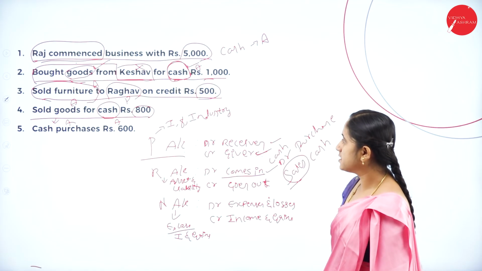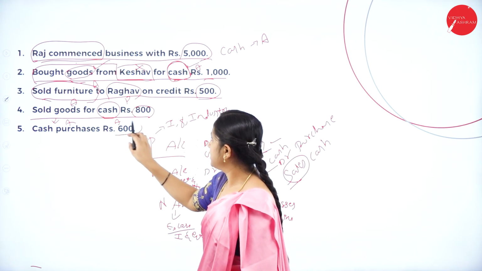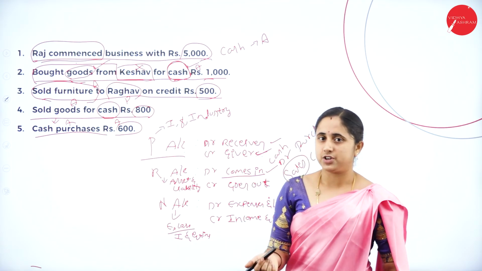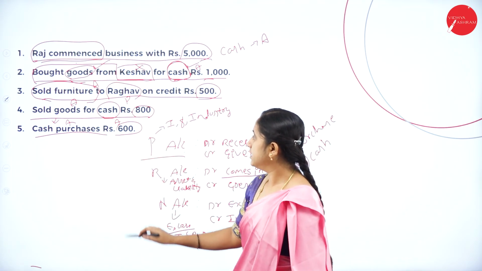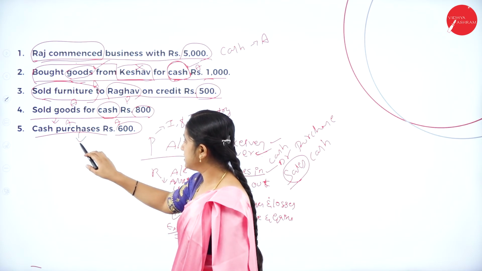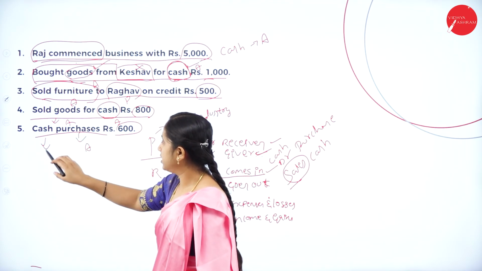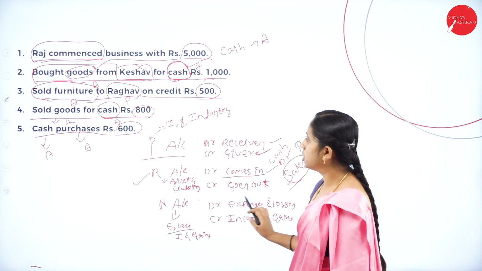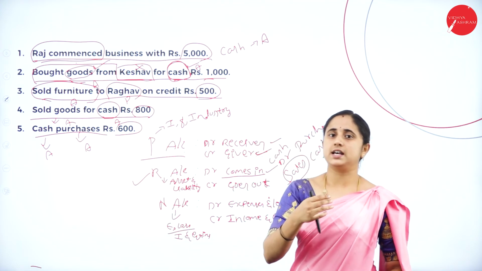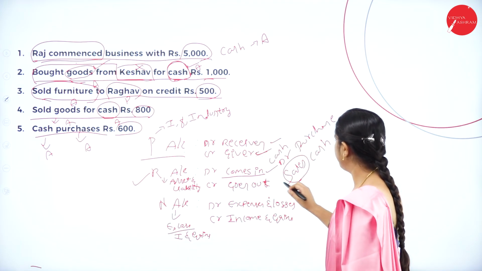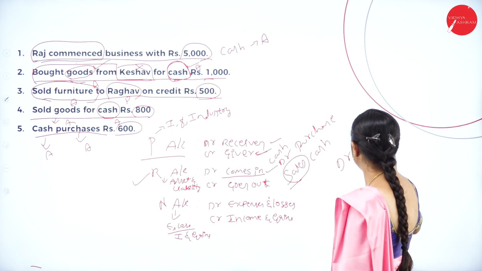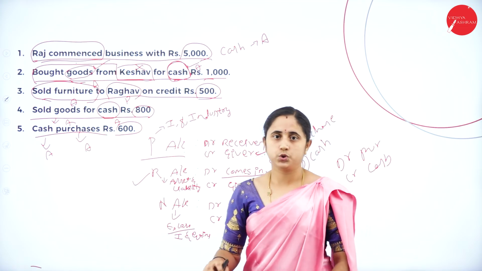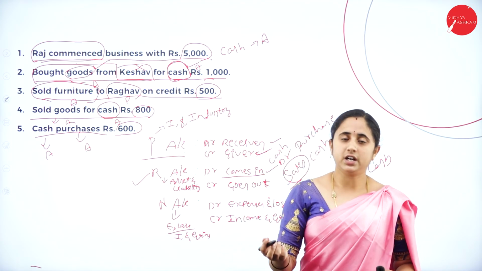And the last one, cash purchase of rupees 600. Here you made a purchase for cash of rupees 600. Here the purchase of goods is an asset. Cash is also an asset. Just apply the real account rule. Debit what comes in, credit what goes out. When you make a purchase, the asset is coming in, so you need to debit the purchase, credit the cash. Cash is going out.